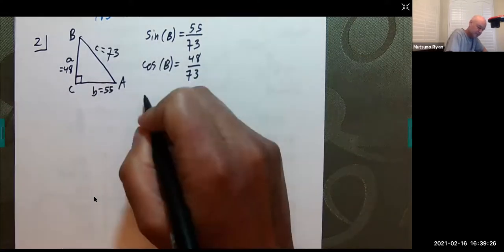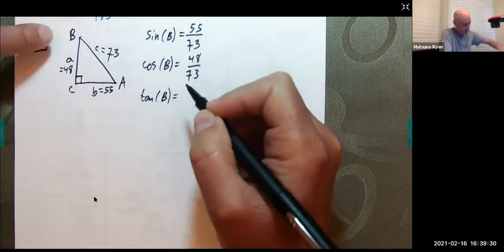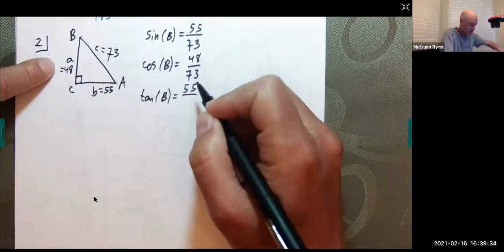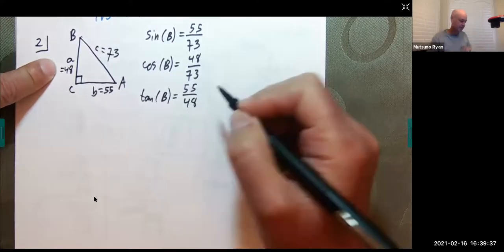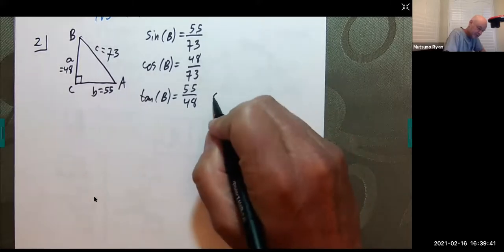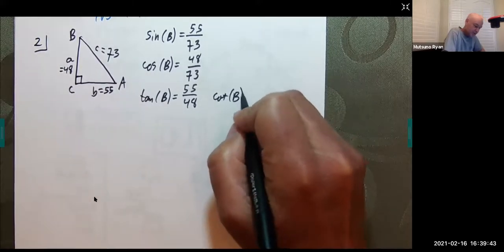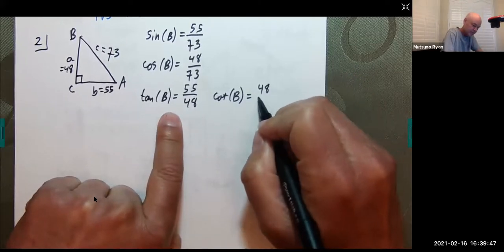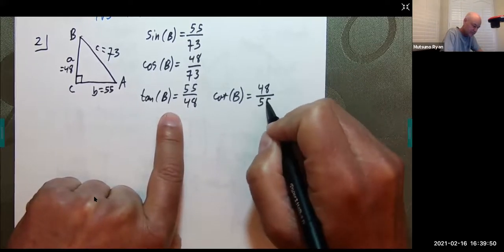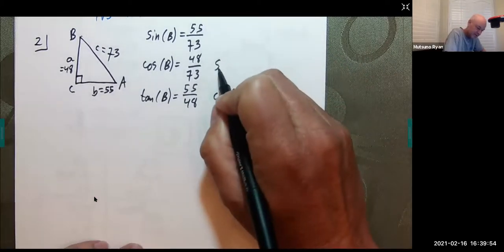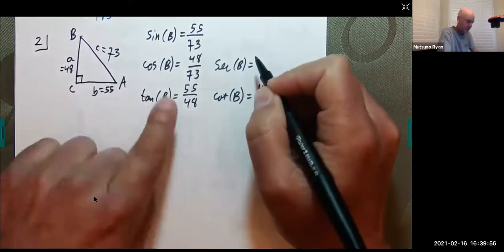The tangent of angle B is going to be the opposite, 55, over the adjacent, which is 48. Now the cotangent of angle B is just the reciprocal of tangent of B. The secant of angle B is the reciprocal of cosine.